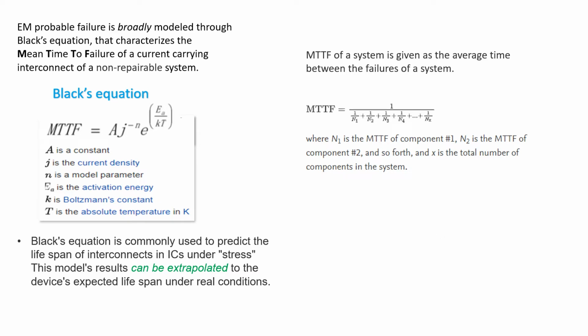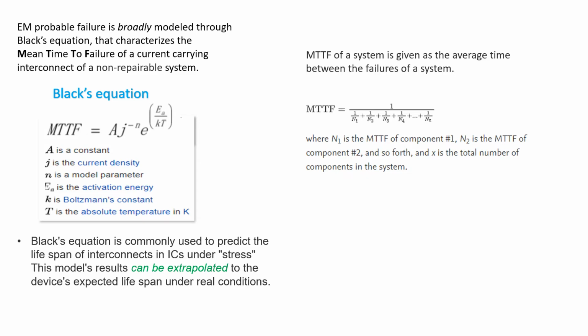Then MTTF of the system depends upon 1 by N1 plus 1 by N2 plus 1 by N3, like that. So the weakest link dominates. Hence, we need to identify the weakest interconnect which is causing the lowest MTTF, and then we need to improve the situation.